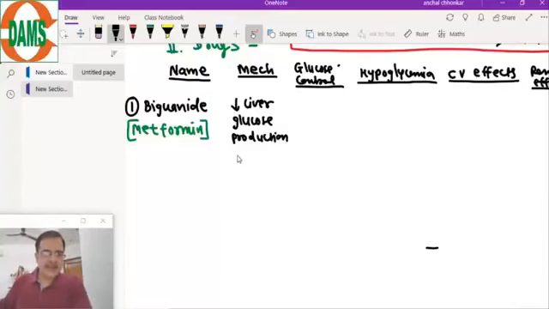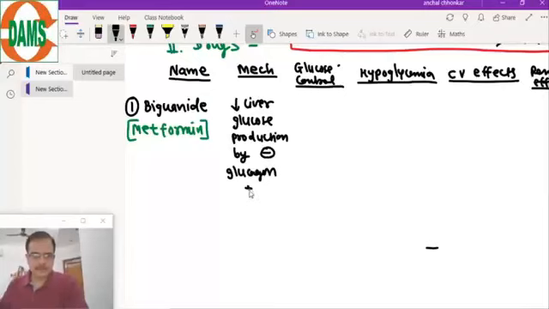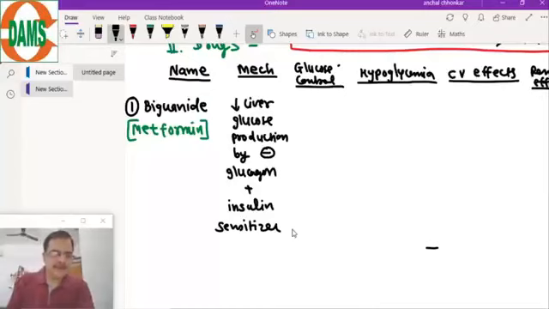This is the mechanism, by inhibiting the glucagon action. And also it has a slight insulin sensitizer effect. So these are the mechanisms.